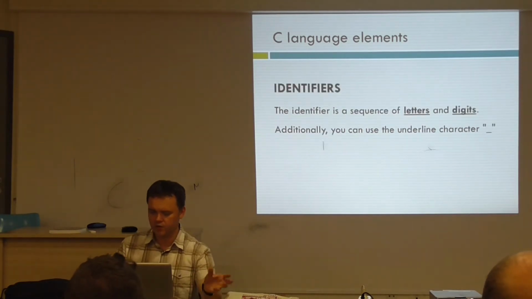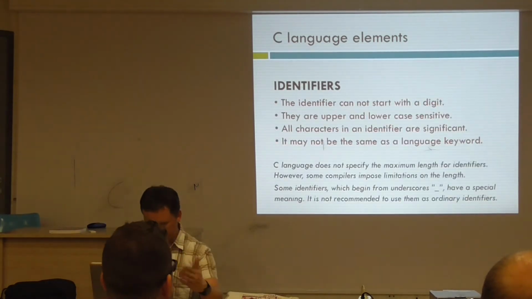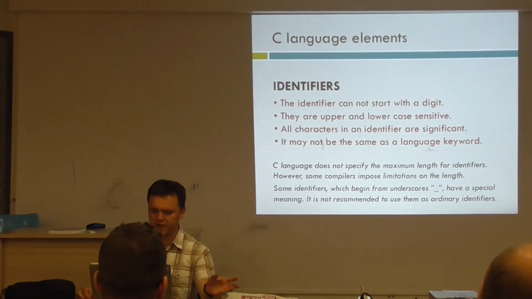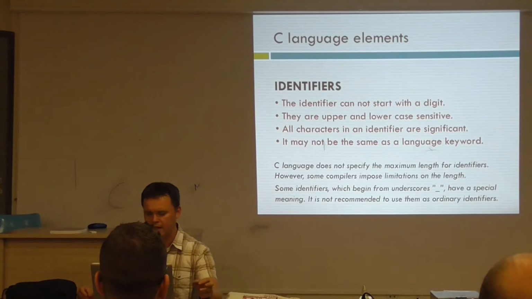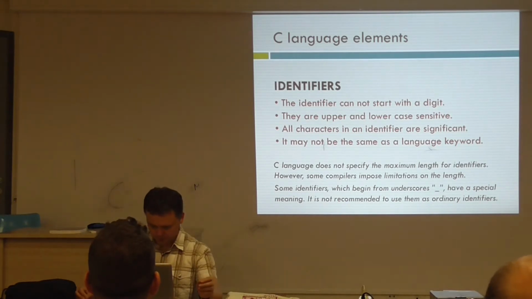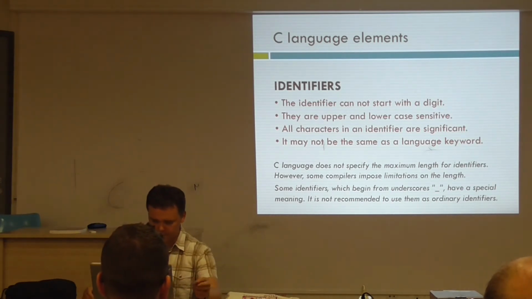Identifier letters, digits, of course, and underline characters. There are some general rules similar for many languages, so you should know that identifier cannot start with digit, of course. There's case sensitive. In Objective-C, of course, it's case sensitive also. All characters are significant. There are some languages, there's some limits of some number of characters, but not in Objective-C, of course.